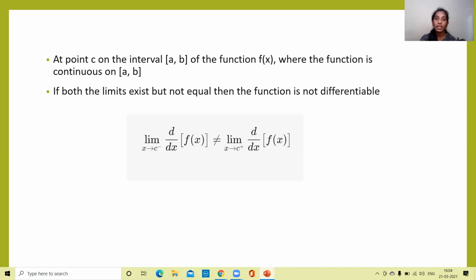That means when the left-hand derivative is not equal to the right-hand derivative, then the function f of x is not differentiable at the point c in the interval ab where the function is defined.